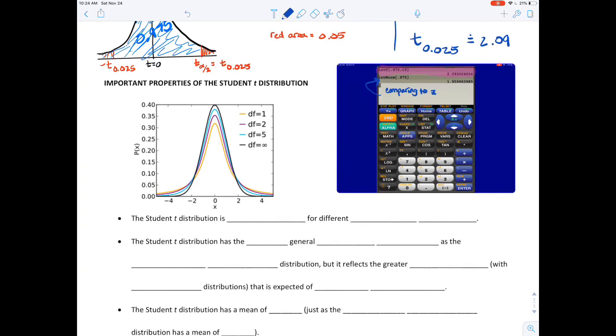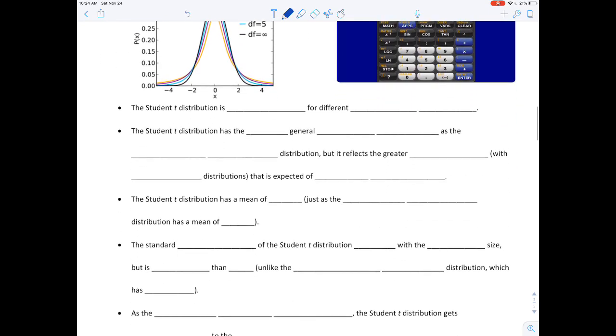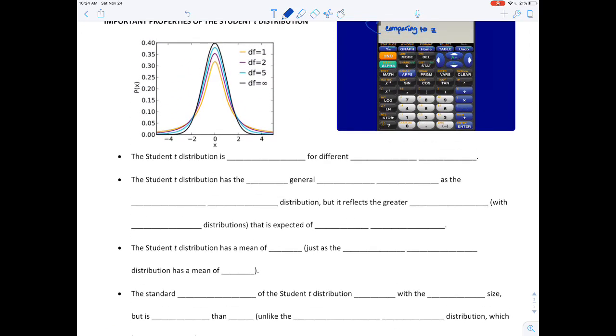We already looked at the t distribution, so let's just write in some things about it. The student t distribution is different for different sample sizes.